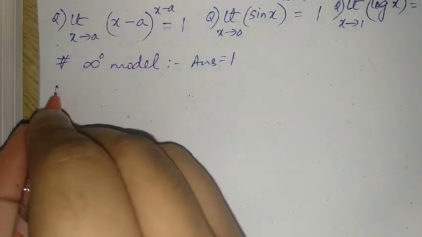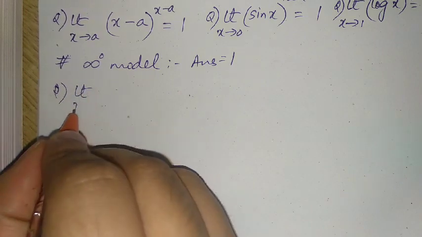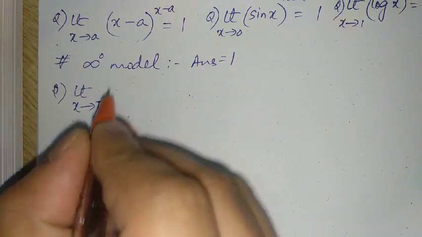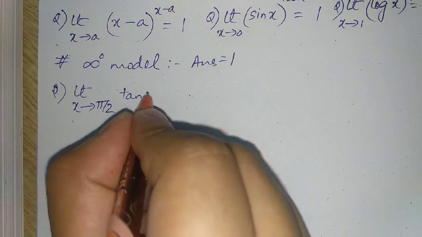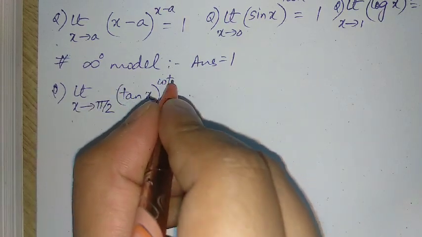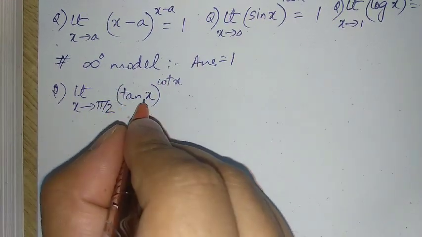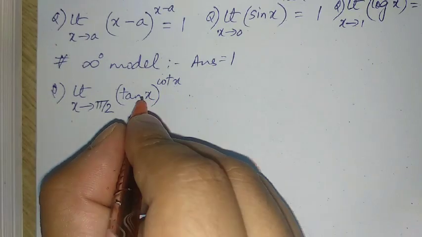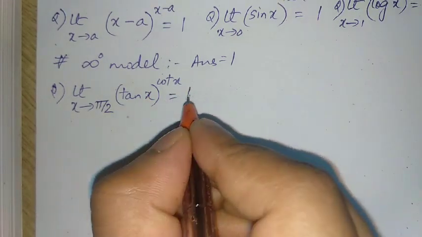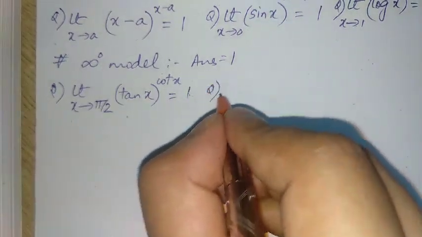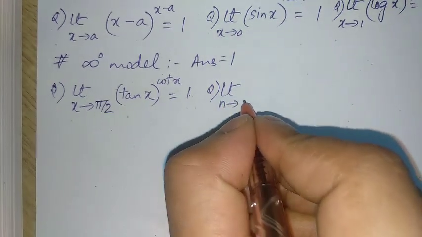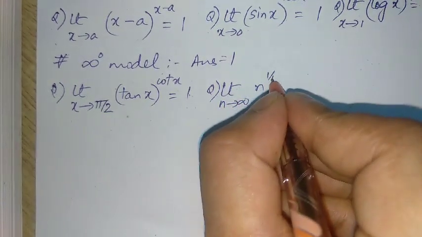Say for example, limit x tends to pi by 2, (tan x) to the power cot x. tan pi by 2 is infinity, cot pi by 2 is 0, so infinity to the power 0, and the answer is equal to 1. Next question, limit n tends to infinity, n to the power 1 by n.